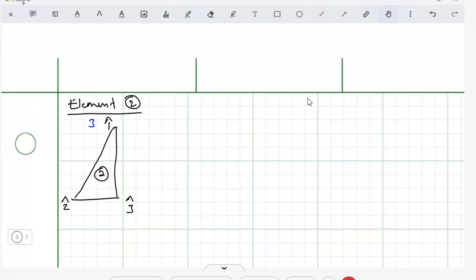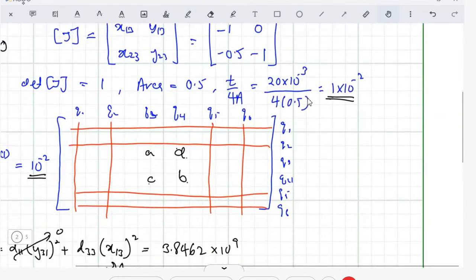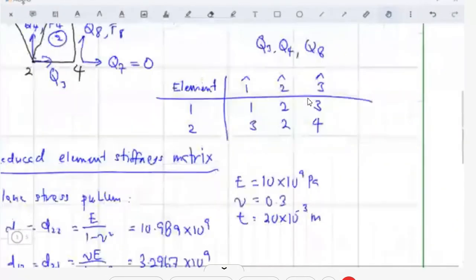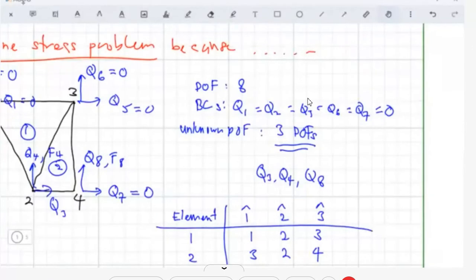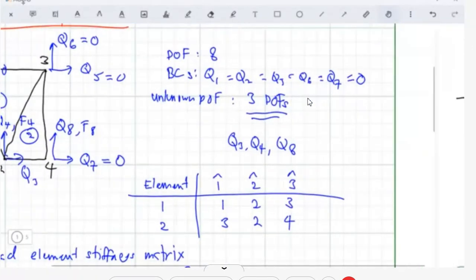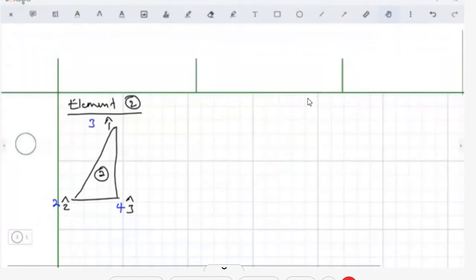I think this is 2, 3 to 4 globally. Double check. Okay, 3 to 4, 3 to 4. Okay, correct, 3 to 4. So now this is the global node number. The black one with the hat is the local node number.